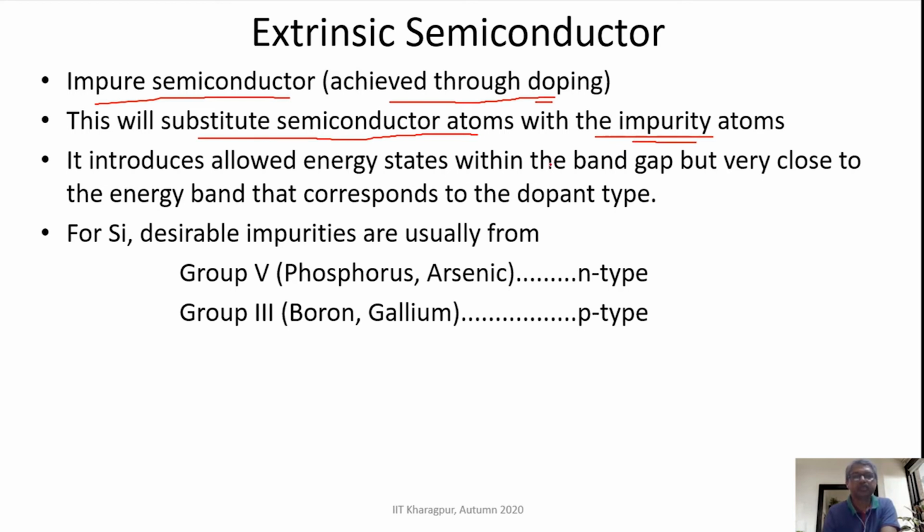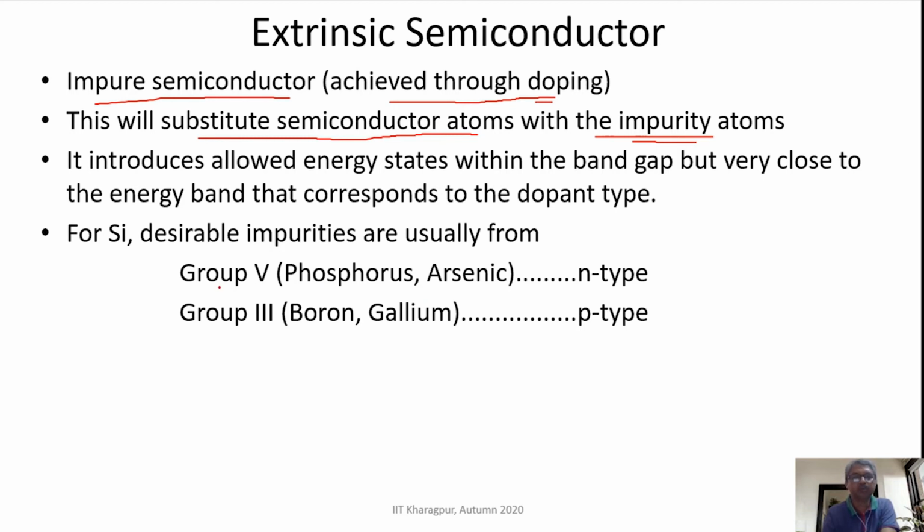Now it is found that these impurity atoms can form energy states which are very close to the conduction band or valence band, depending on what kind of dopant we are using. And those dopants can provide extra electrons or extra holes.